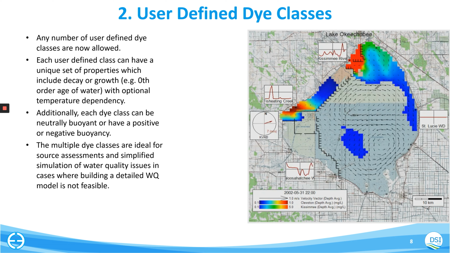All right, you've seen this with 10.1. We now have the ability to have any number of user-defined dye classes, with settling, decay, growth, temperature dependent or not. And one of those dye classes, of course, can be the age of water, which we use a lot for mixing.